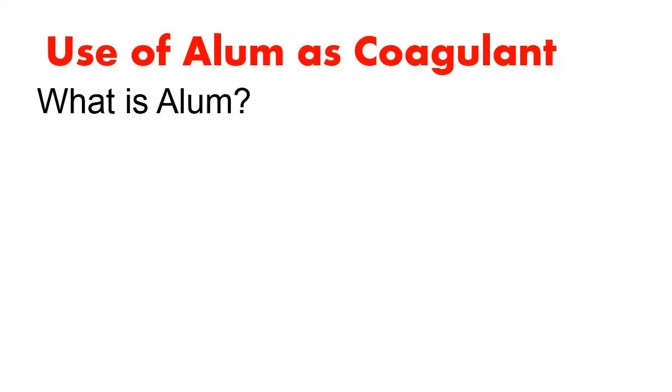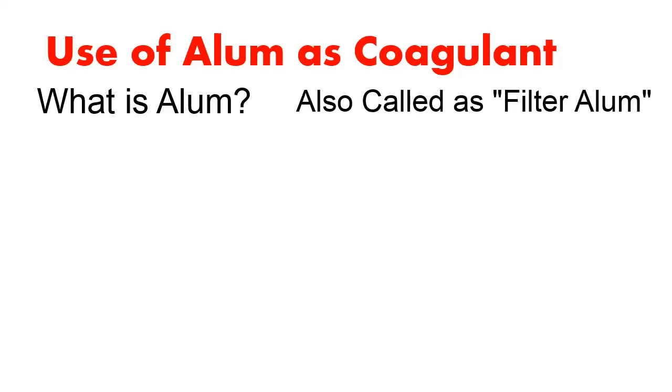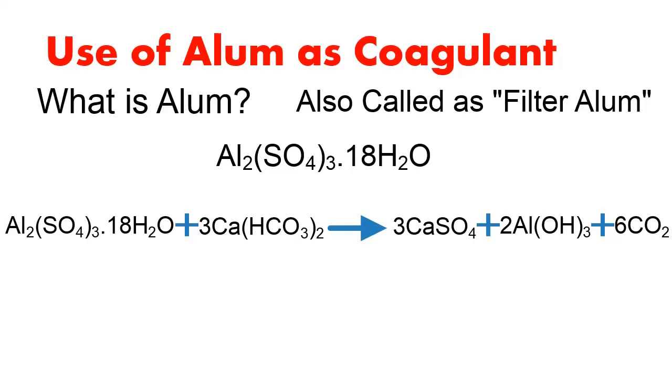Then what is alum? Alum is also called filter alum, but actually its chemical formula is Al2(SO4)3·18H2O. See this reaction.